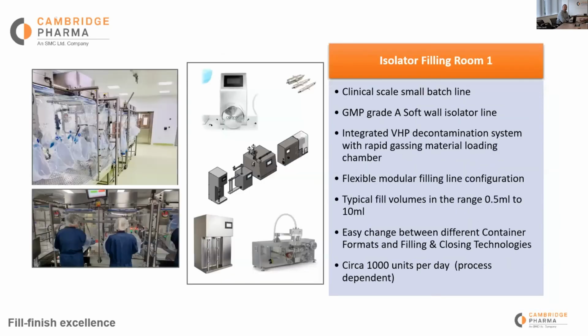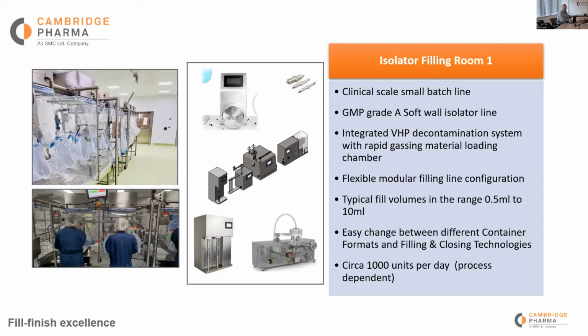Next slide, please. Okay, so two filling rooms, slightly different approach on each of the filling rooms. Filling room 1 is more dedicated to smaller batches. So it's a more flexible approach, running different modules that can be moved in and out of the isolator line to cater for different products, different container types, and different fill volumes.